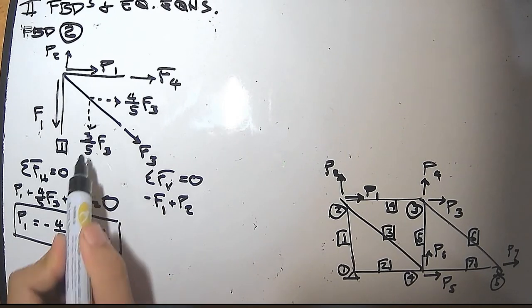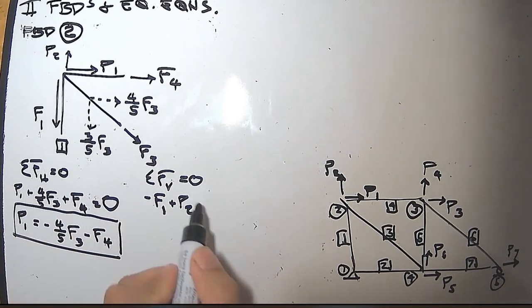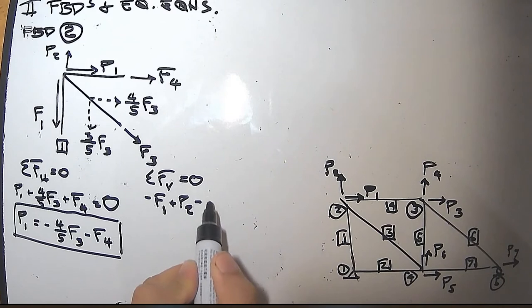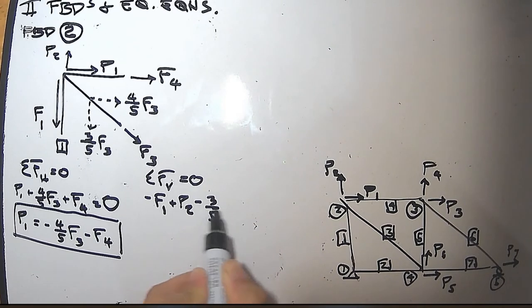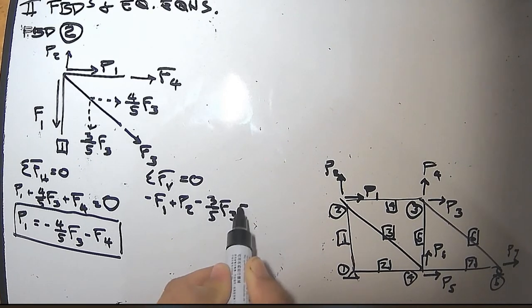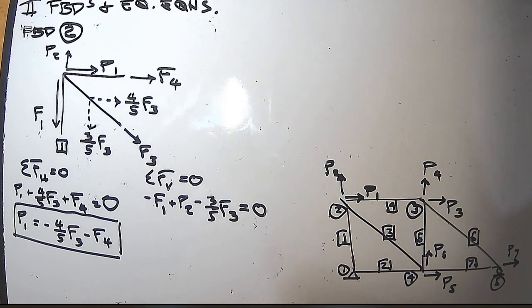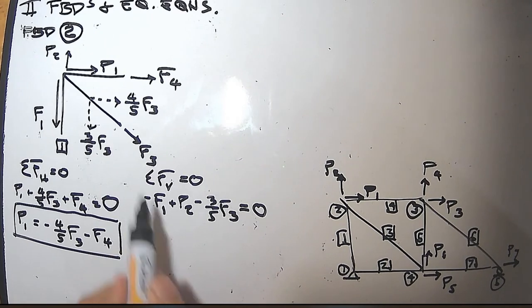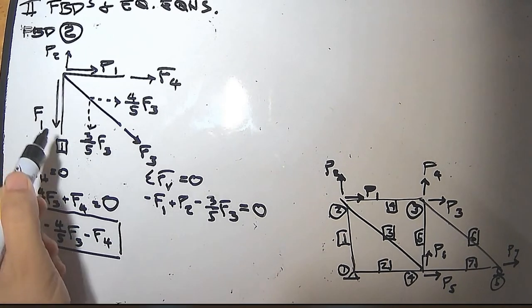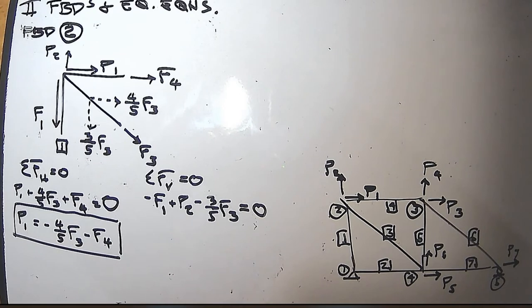Susunod yung 3/5 F3, and that is negative, okay, is equal to 0. Okay, again, we start with the lowest subscript. So, F1, 2, and then 3/5 F3. And then, upwards is positive. Kaya si P2 positive. Yung F1 tsaka 3/5 F3 negative kasi pababa siya.